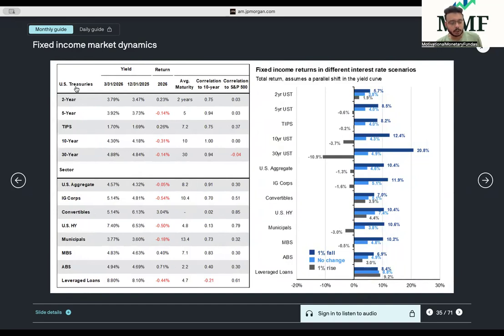Of the US treasuries for different maturities vis-a-vis the 10-year bond and the S&P 500, right? TIPS, being the treasury inflation protected securities, having the maximum correlation. US aggregate is also having a higher correlation versus the 10-year government bond. Why? Because the 10-year government bond is almost risk-free.